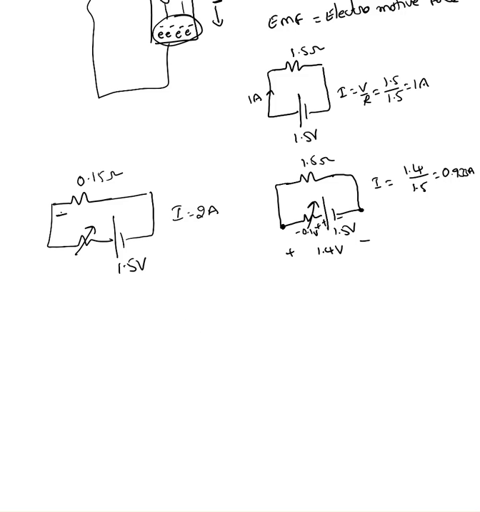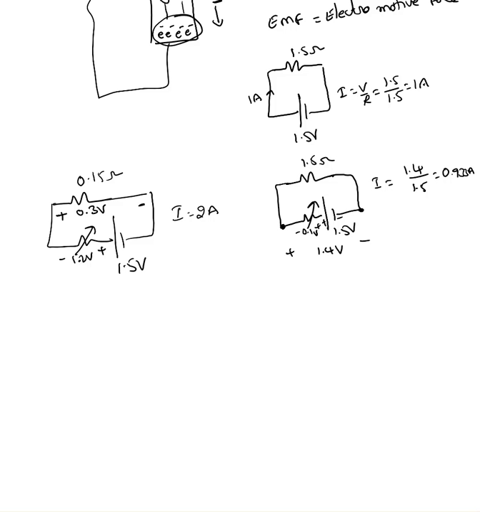All we can see is 0.3 volt across the load, and the remaining 1.2 volt drops across the internal resistance of the battery. So there is a huge amount of heat produced inside this battery.